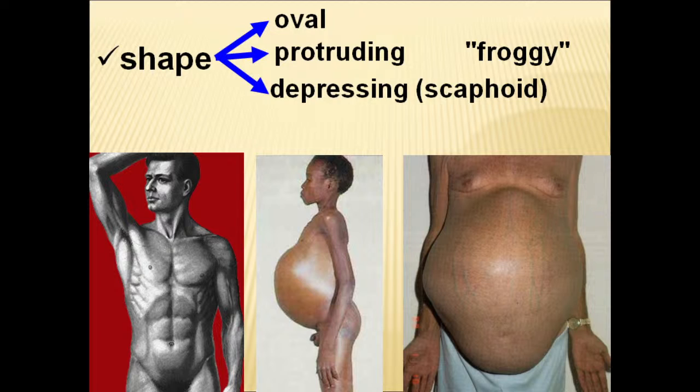And sometimes the abdomen can be specifically enlarged and resembles an apron. We are talking about a loosely hanging abdomen, which is characteristic for patients with obesity. Oval is normal. In pathology, the abdomen may be protruding, depressed, or specifically move downward like an apron.